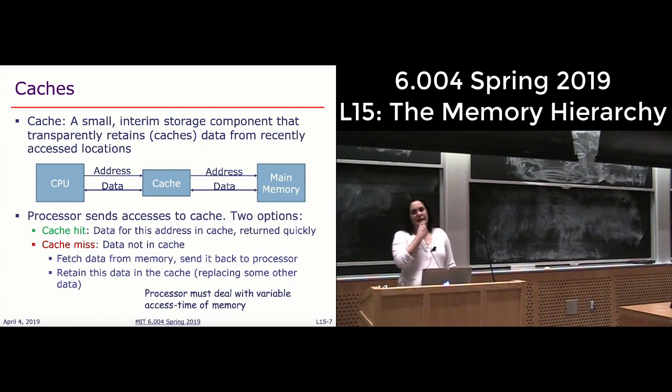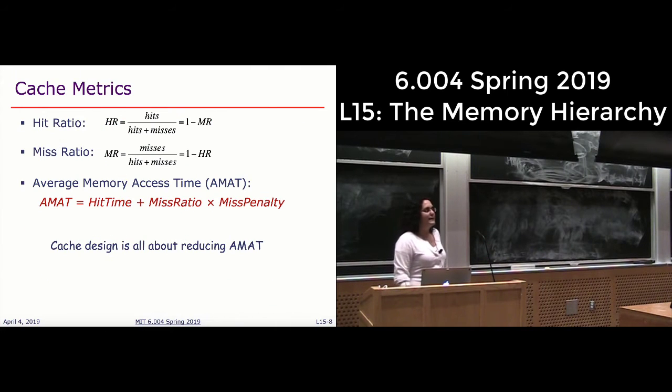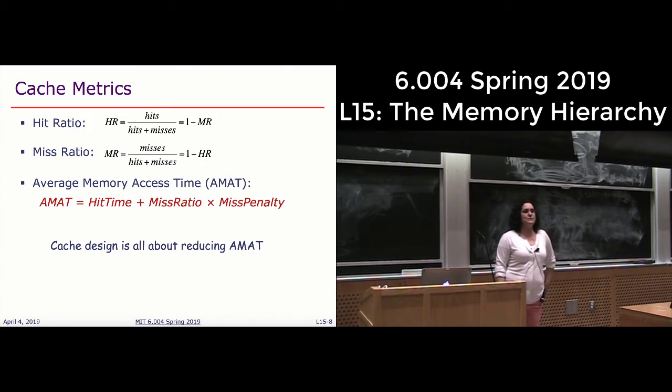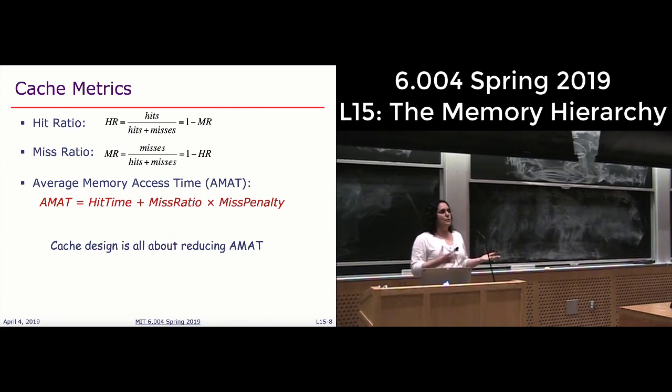As we mentioned, our processor needs to deal with the fact that sometimes we're going to have hits and sometimes we're not, so the response rate is going to be different. Now let's talk about some cache metrics. Every time we perform a memory access, we either get a hit or a miss.